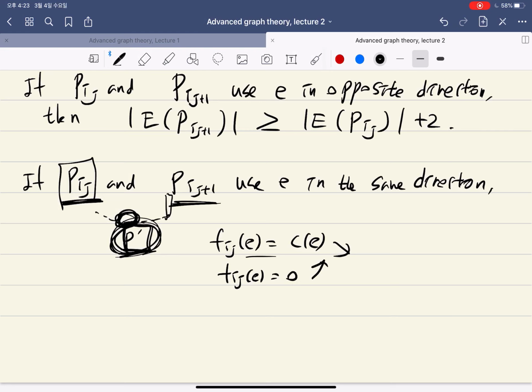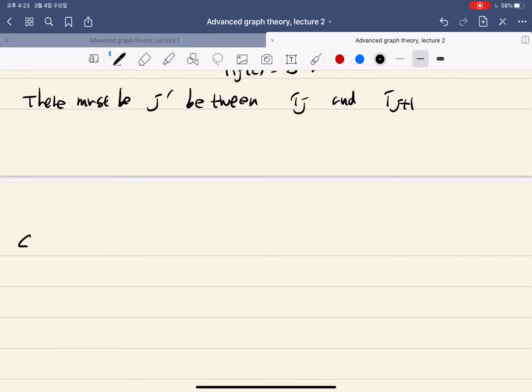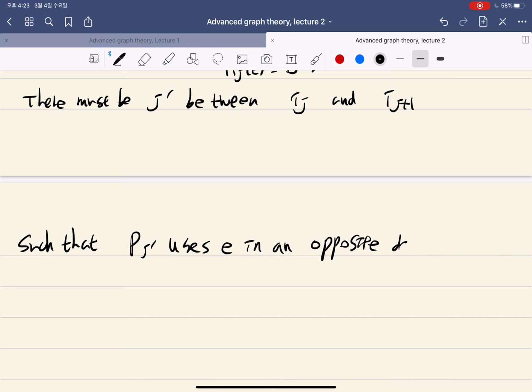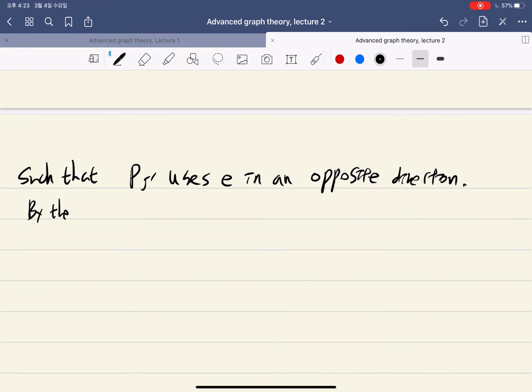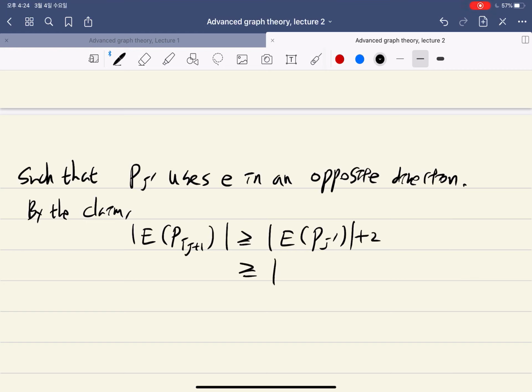So in any case, there must be j prime between ij and ij plus 1 such that Pj prime uses E in an opposite direction, opposite from the direction where these two paths use E. So again, by the previous claim, the length of Pij plus 1 is at least the length of Pj prime plus 2, which is at least the length of Pij plus 4.